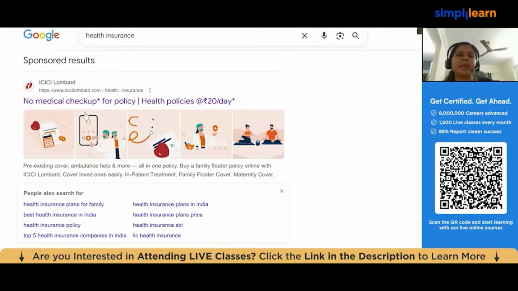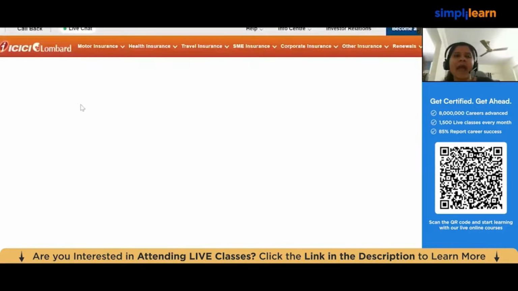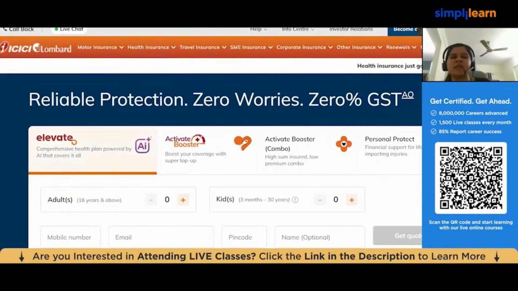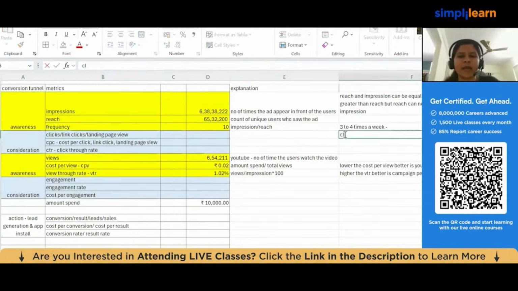What does landing page view measure? That the person has clicked and landed on the website, and at least spent a few seconds on the site. Observe one thing: your clicks are higher than link clicks, which is very obvious, and your link clicks are higher than landing page views.